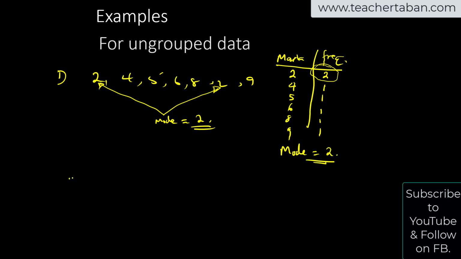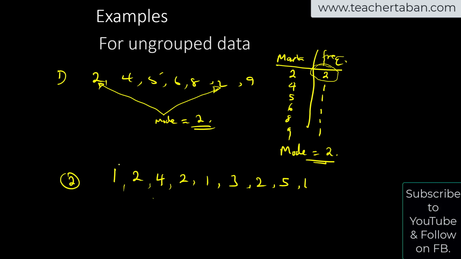Another example, example number 2, is that, for example, we have 1, 2, 4, 2, 1, 3, 2, 5, 1. Determine the mode. Calculate the mode. In this case, we can see that we have two numbers that are appearing the most.